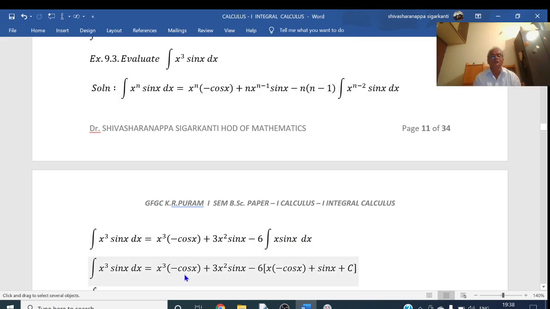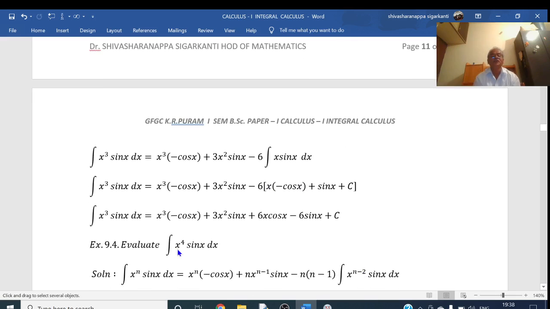So that is x cube into minus cos x plus 3x square sin x minus 6 into the integration of x sin x. Already we have evaluated this. It is equal to x into minus cos x plus sin x plus c. So that is x cube into minus cos x plus 3x square sin x, minus into minus is plus 6x cos x, minus into plus is minus 6 sin x, plus the constant of integration c.